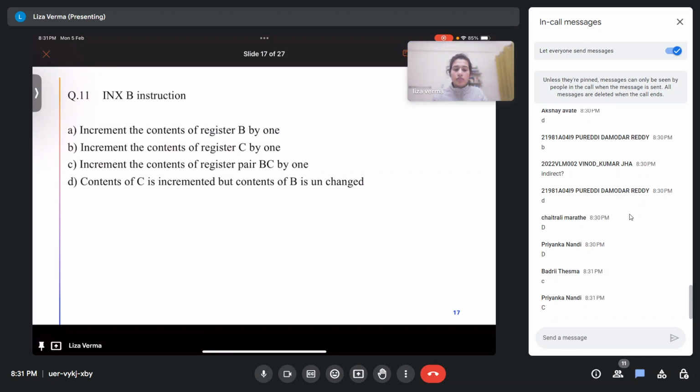Both the contents are incremented by 1. So the contents of register pair BC together are incremented by 1. C is the correct answer.